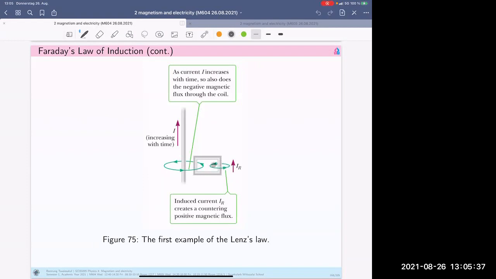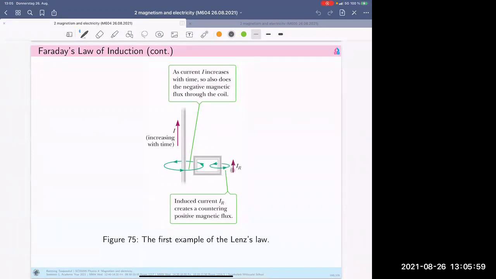In order to have a magnetic field that compensates for someone disturbing him, he has to generate a current, and the current direction should satisfy this magnetic field.